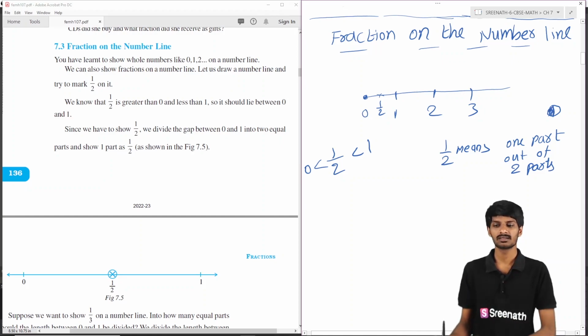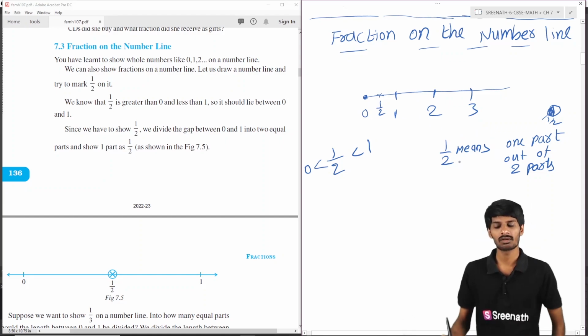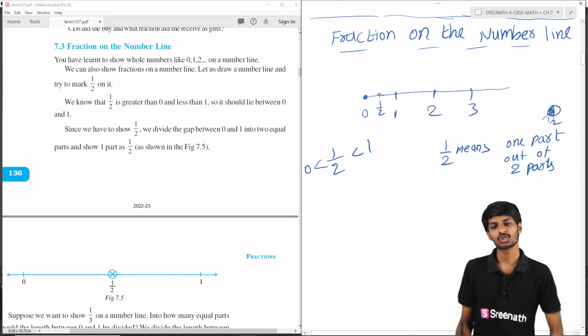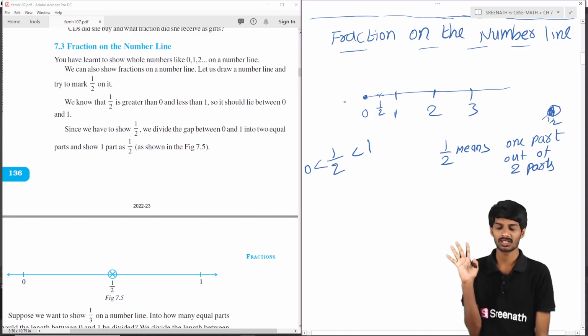So this shaded region is the 1 by 2. Out of the two parts it is one part. That means the fraction 1 by 2, students. So here also the space between 0 and 1 has to be broken into two parts. The whole space between the 0 and 1 is made into two parts, and it is saying 1 by 2.